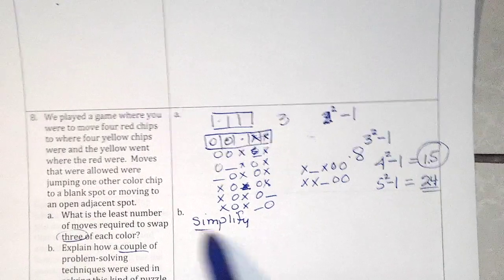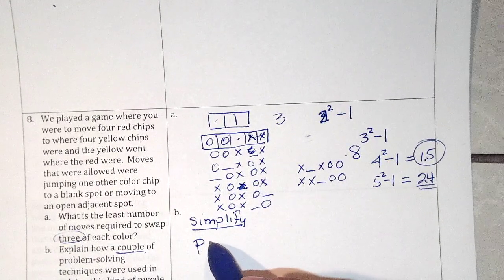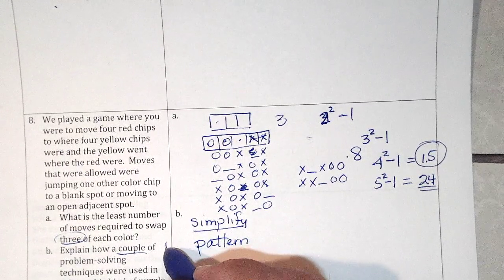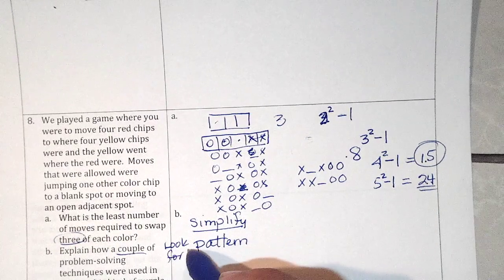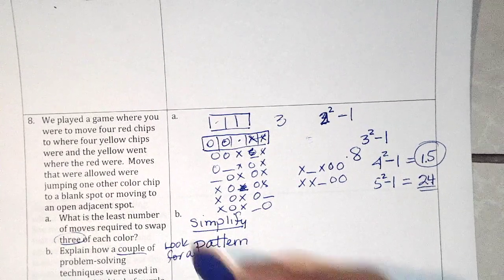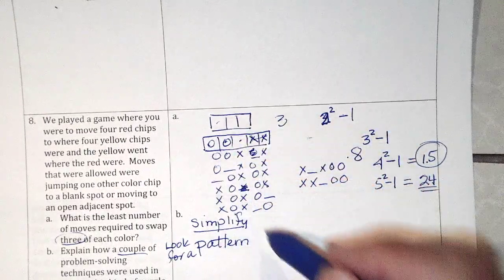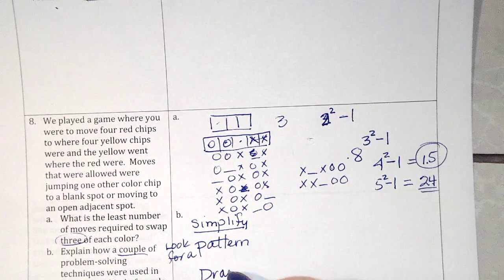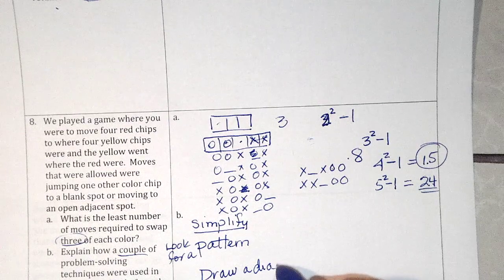So first we simplified, then we looked for a pattern. I would like you to write that out. Looked for a pattern. Simplify the problem. I'm drawing a picture, so that's another one we did. A diagram or a picture.